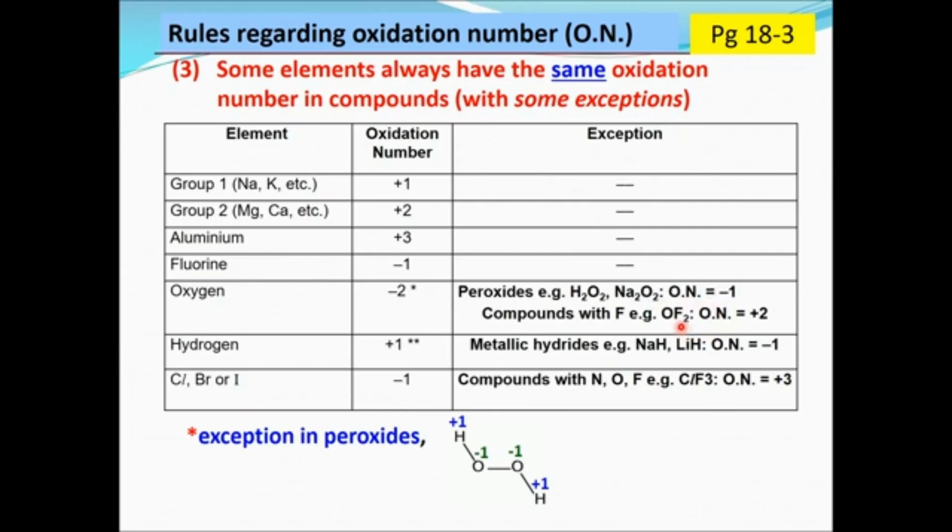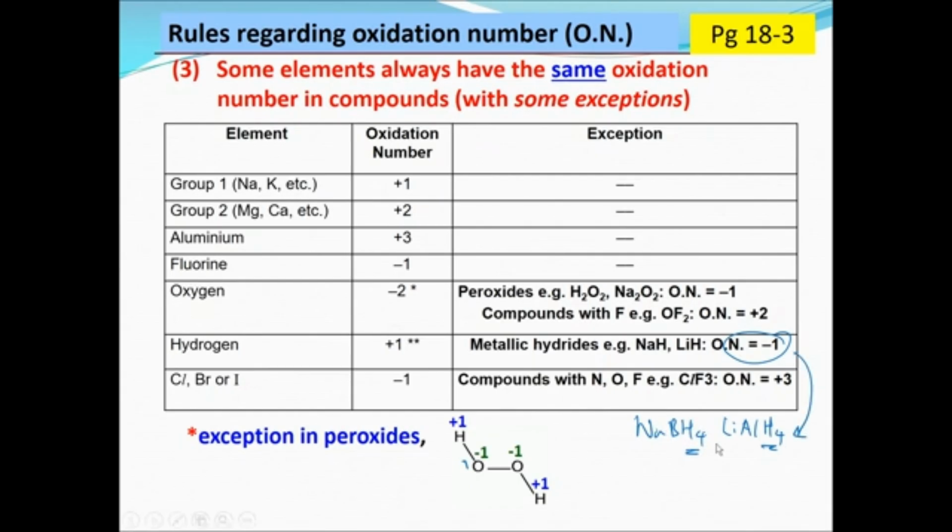And if oxygen is bonded to fluorine, which is more electronegative than oxygen, you can expect the oxidation number to be slightly different. For the case of hydrogen compounds, we would usually account for it as +1, but exceptions are metal hydrides, such as sodium hydride, lithium hydride, as well as what you have learned in organic chemistry, such as in the case of lithium aluminium hydride and sodium borohydride, where the H is also at -1.